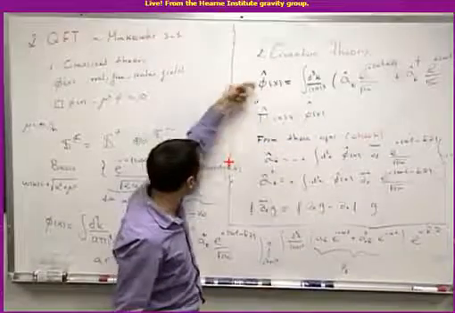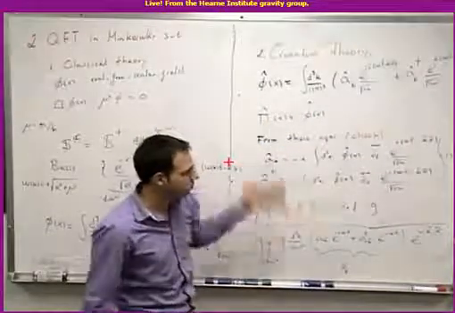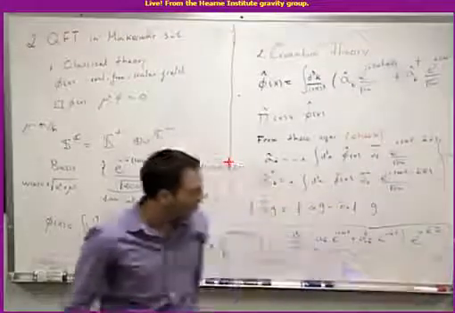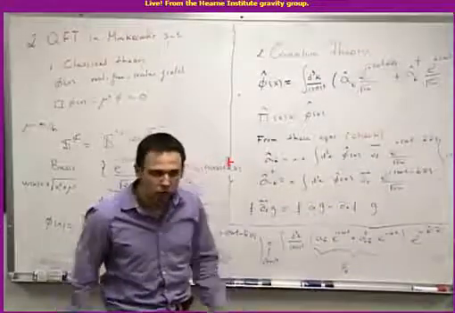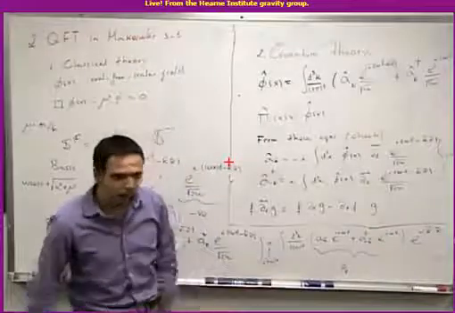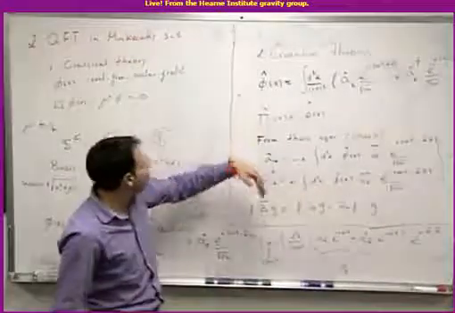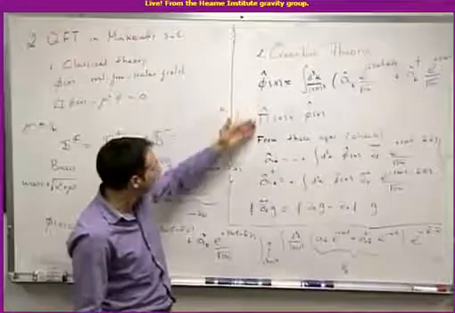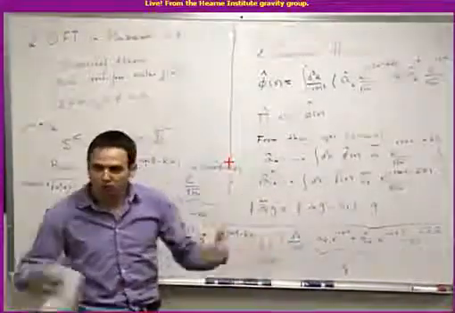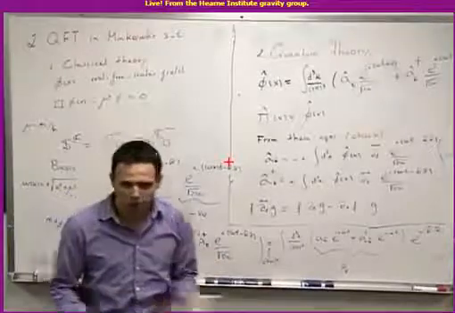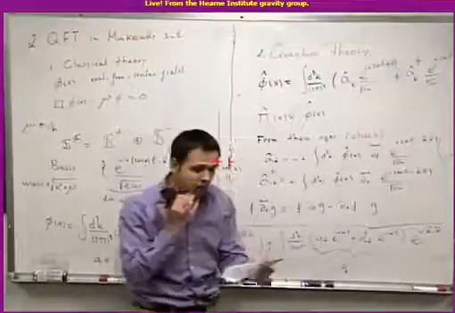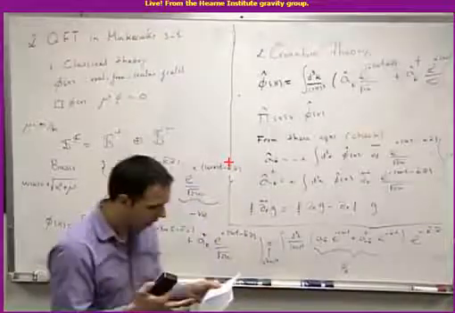You can check that this and this satisfy commutation relations, so this is a quantum theory. With this operational definition of the Fock space, you have all the information to do any computation you want. You can give me any state and any operator made of products and sums of these two, and you can compute expectation values, time evolution, whatever you want. We will give more details about the Fock space later on.